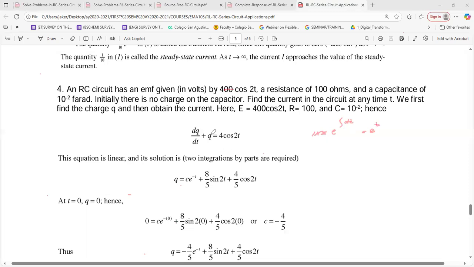Now your formula for the linear DE is the unknown function times the integrating factor is equal to whatever is the expression that you have here on the right side. So in that case, it's 4 cosine 2t and then times the integrating factor, which is e raised to t.